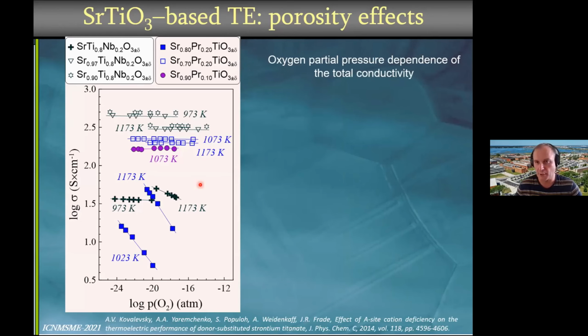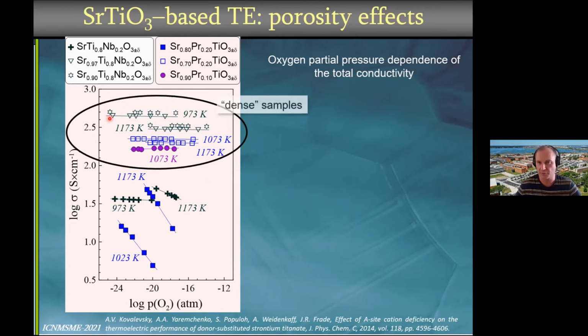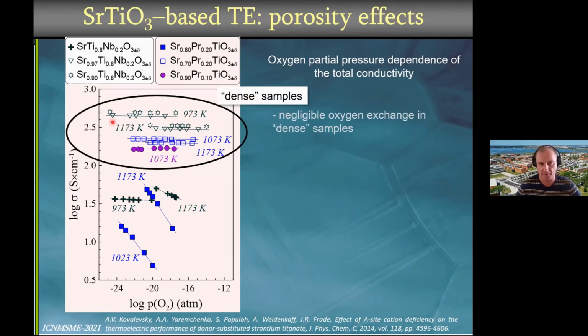Some guidelines to explain this effect could be obtained from the oxygen partial pressure dependence of the total conductivity. Look, the materials which demonstrate higher conductivity, the dense samples, also show a negligible oxygen exchange, or negligible dependence of the electrical conductivity on the oxygen partial pressure.